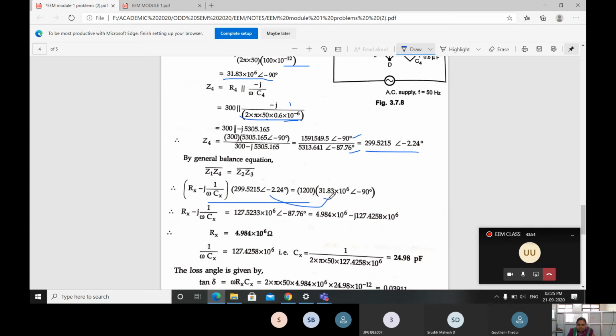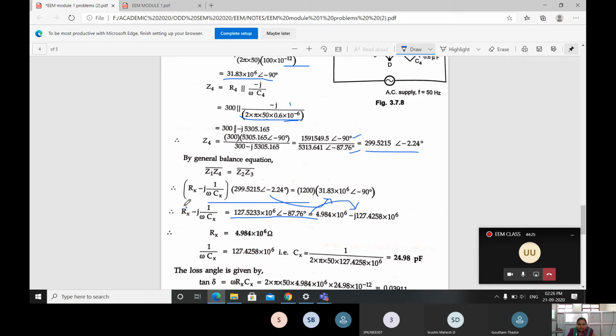Take the other term towards the right-hand side; it goes to the denominator. Then divide those in polar form and convert that polar to rectangular form. Then you will be getting the result as 4.984 into 10 raised to 6 minus j 127.4258 into 10 raised to 6.